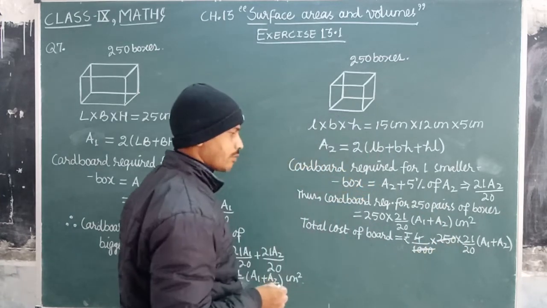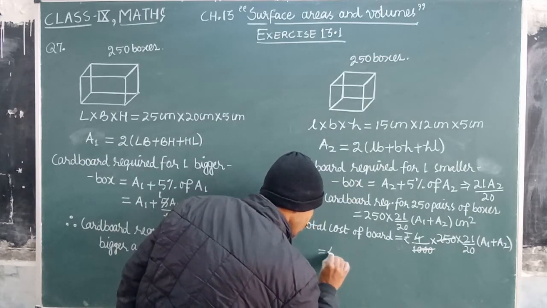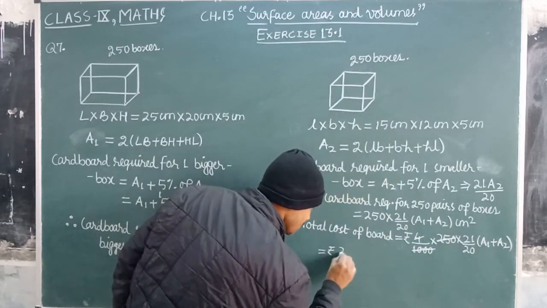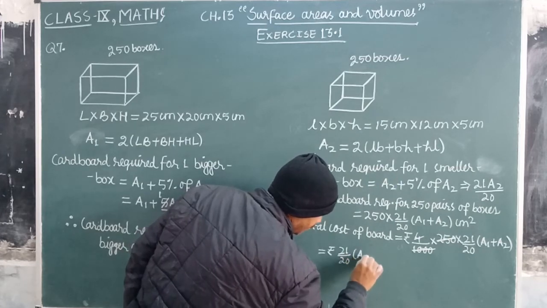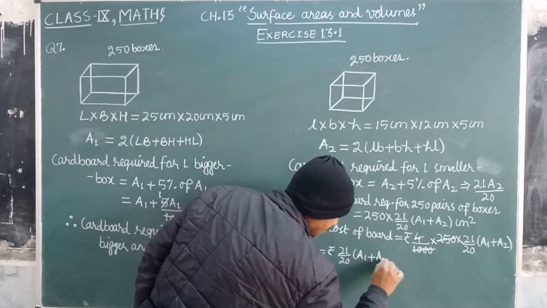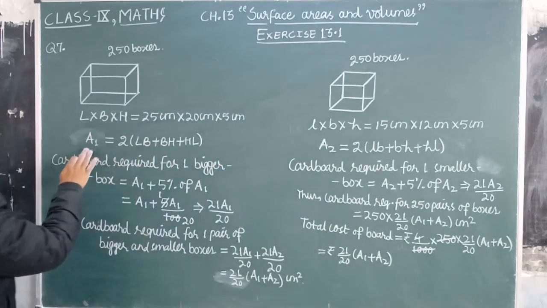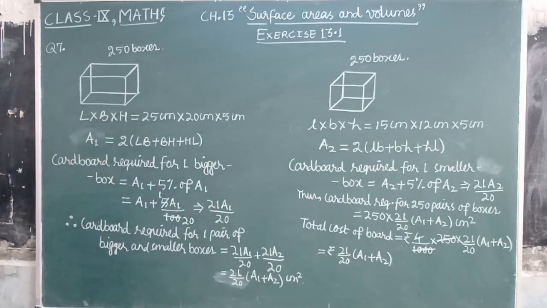So this gets divided and this equals rupees 21 upon 20 bracket A1 plus A2. A1 and A2 are the total surface areas of the bigger and smaller boxes.